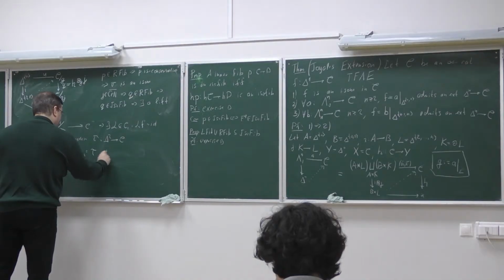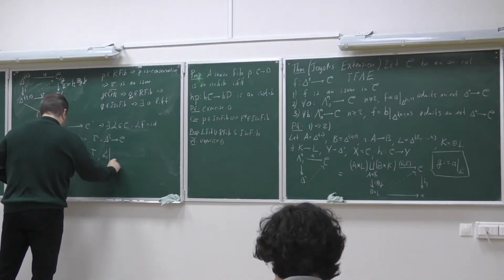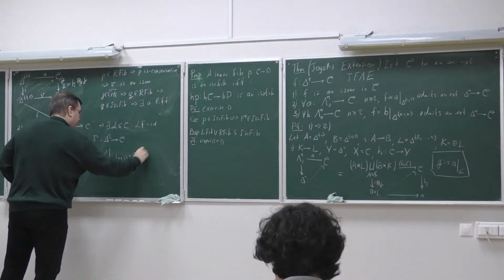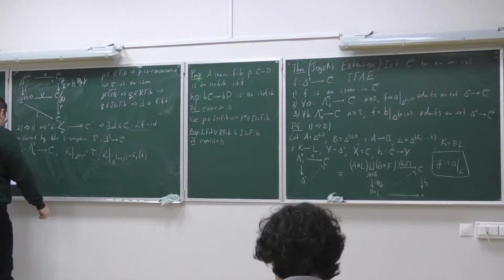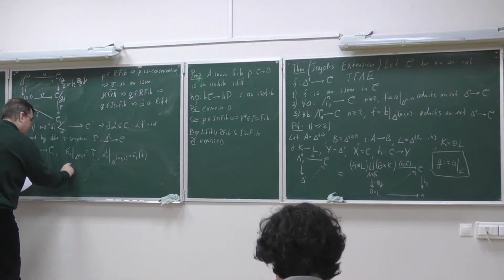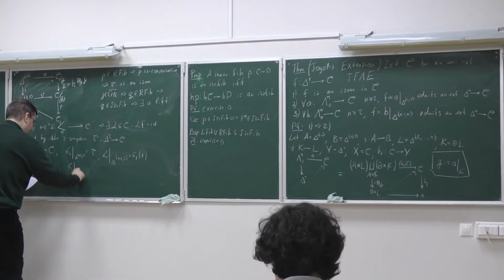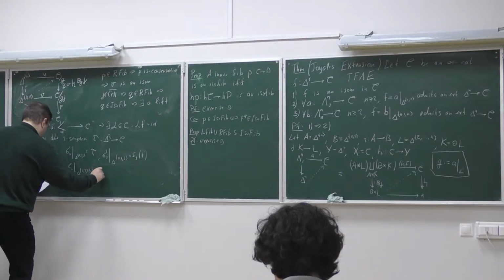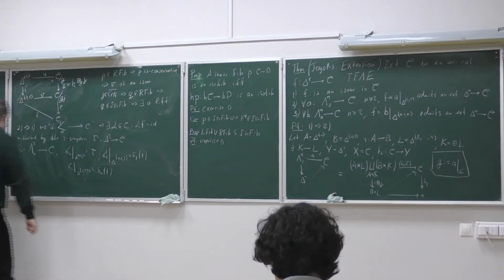Sigma 0 restricted to delta 0, 1, 3 is S1 of f. And the last one, sigma 0 restricted to delta 0, 2, 3, is S0 of f.